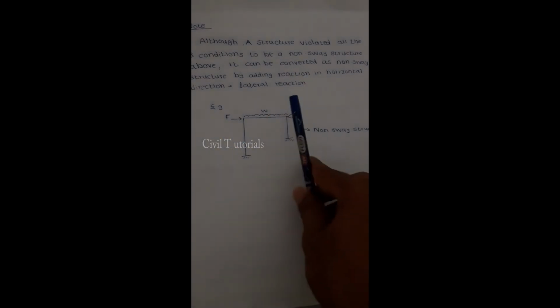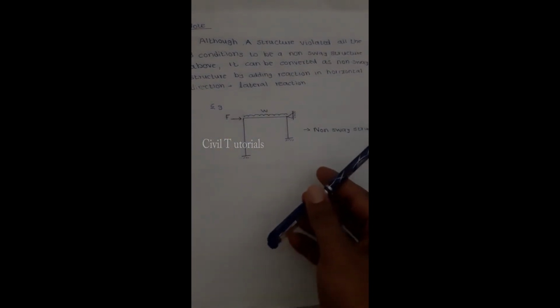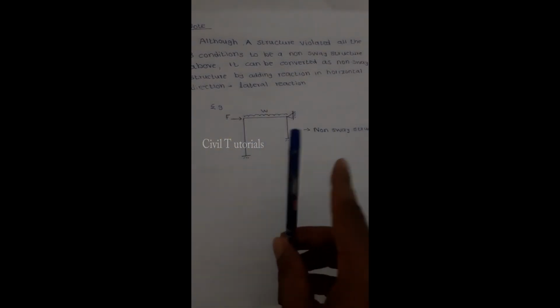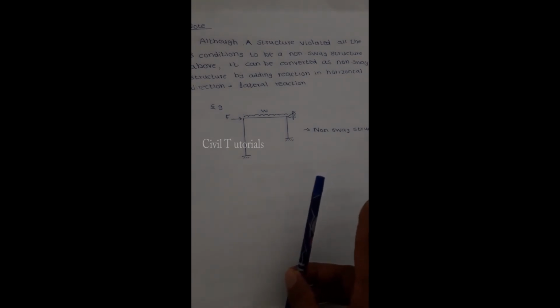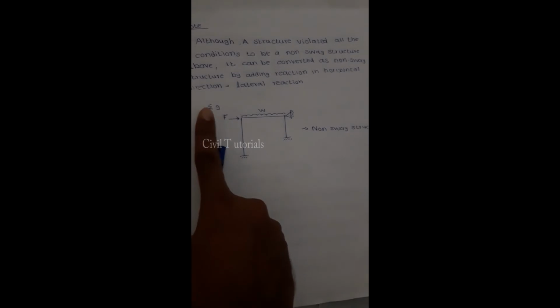No matter how much you push here, it can't deflect to the other side. So it is a non-sway structure. Let's add a mark here, and it is a very important point for analysis because this is a significant point in non-sway and sway frame analysis.